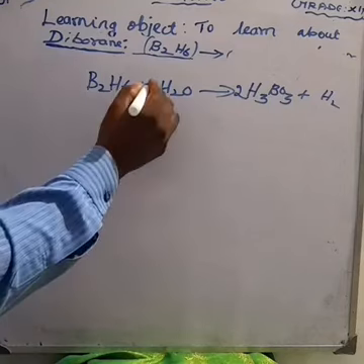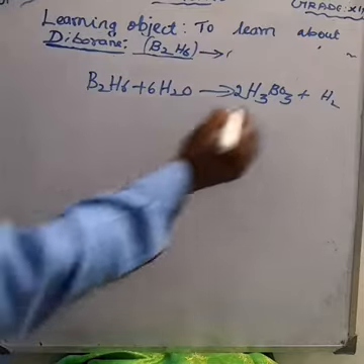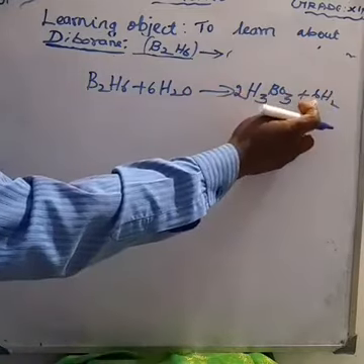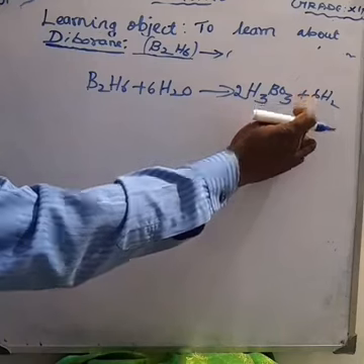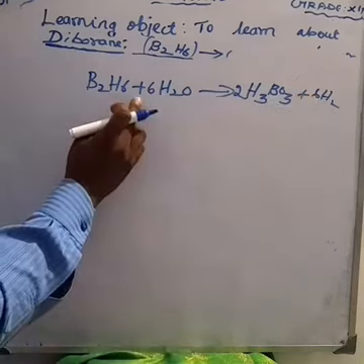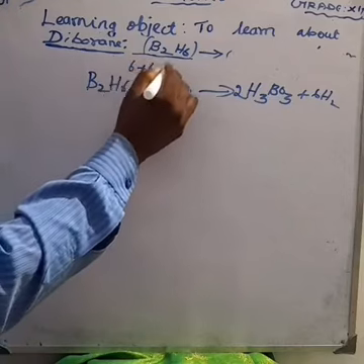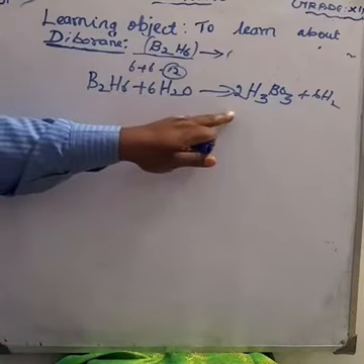So 6 oxygen, here you write 6 water molecules. Next you come to the hydrogen. Here, 2 into 3 is equal to 6. Here we have 6 plus 6 is equal to 12. So if you make it 6, it's also balanced, am I right?